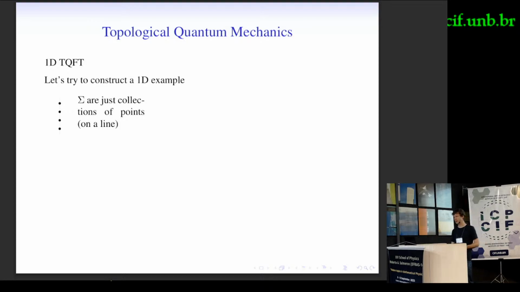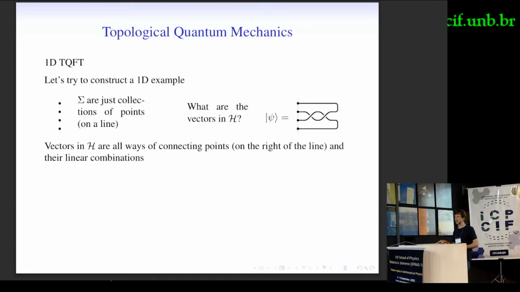So I'll consider a collection of points and associate a certain Hilbert space to these points. So what are the vectors in this Hilbert space? I need to glue one-dimensional manifolds to these points, so that the points are the boundaries of this manifold. So I just consider open lines that connect the different points.